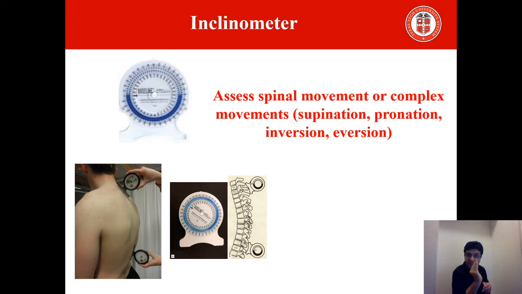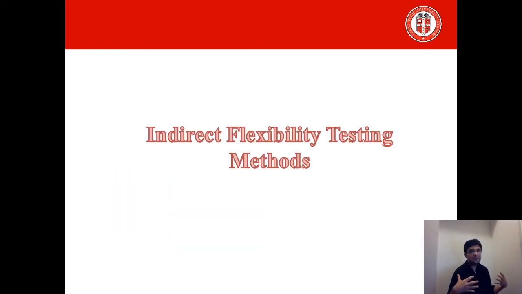So because a lot of angle or inclination or a twist is involved, we use this complex kind of a device which is inclinometer. So this goniometer and inclinometer can measure joint range of movements of the joint or joint flexibility directly. But there is a better way to assess this flexibility using flexibility tests, which is the core of our lab's objective today.